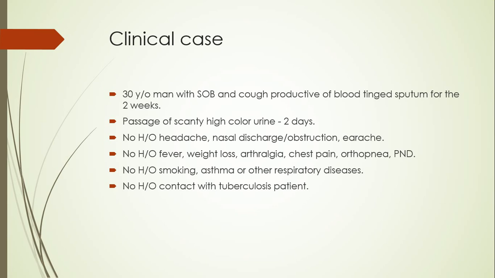The patient doesn't have any history of smoking, so the cough and the productive sputum is probably not due to bronchitis. He also didn't have any history of asthma or other respiratory illness.